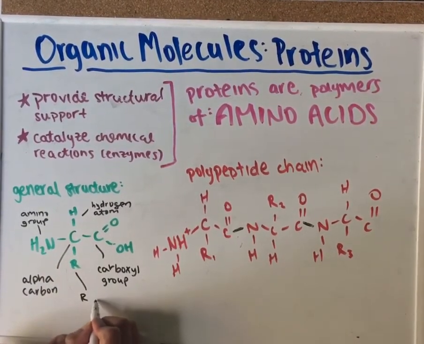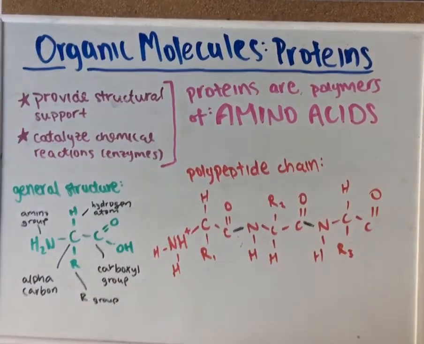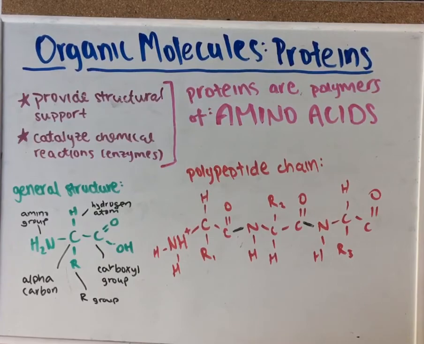It's called an R group, and this is what makes the amino acids different from each other. There are 20 different amino acids that make up proteins in all organisms, and it's really important to note that there's only 20, yet the variation in the order that they link up is what makes the proteins different from each other.